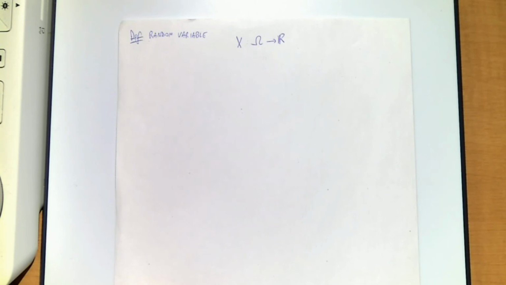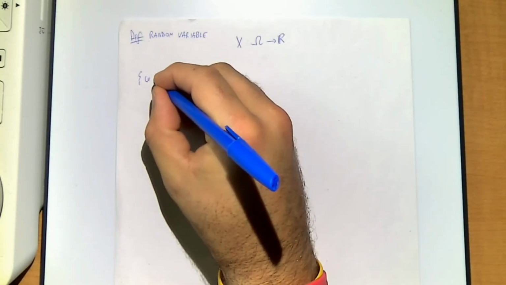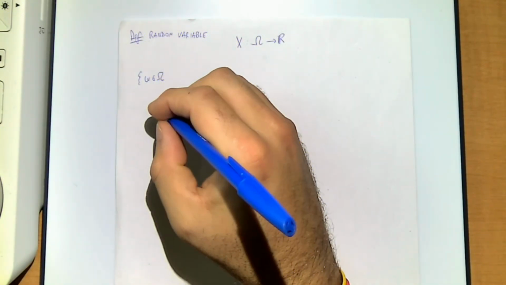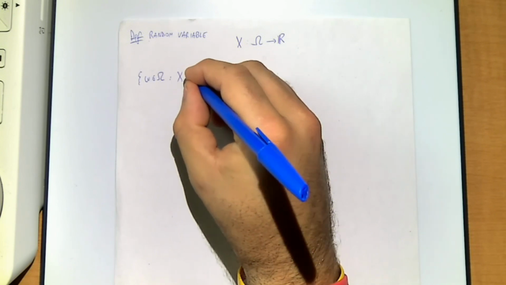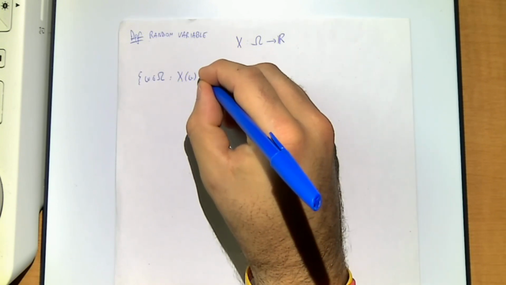Right? So we can always use these random variables to define events. For example, any real number x defines at least 3 interesting events, right? The first one is: given omega in Omega, the random variable X(omega) is less than x.